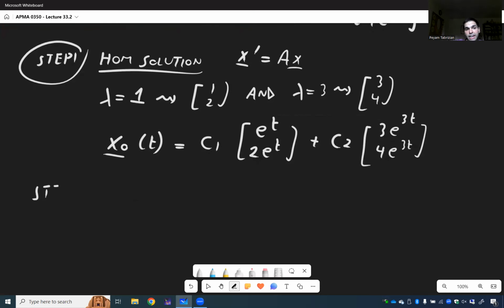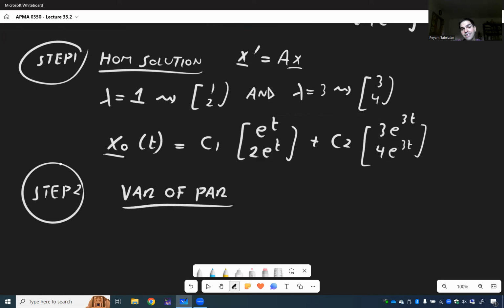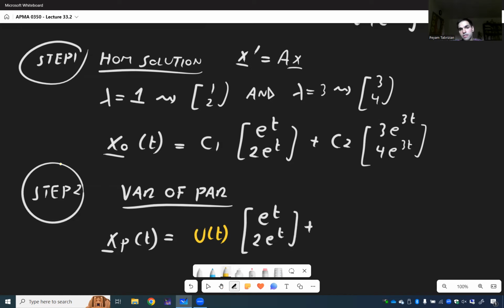And what was the idea of Var of Par? The idea is to guess the particular solution based on the homogeneous solution. More precisely, xp of t is u of t times e to the t, 2e to the t, plus v of t times 3e to the 3t, and then 4e to the 3t.